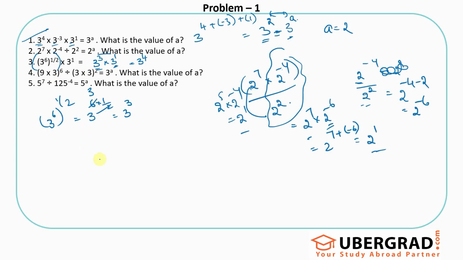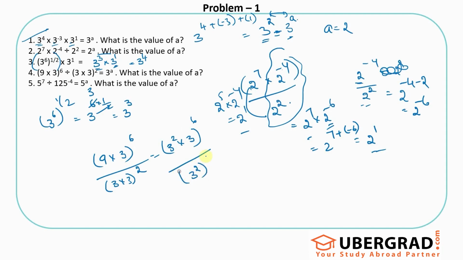9 into 3 power 6 divided by 3 into 3 whole square. So that will be 9 into 3 whole power 6 divided by 3 into 3 whole square. What is 9? 9 is 3 square. So 3 square into 3 whole power 6, divided by 3 into 3 square whole power 2. 3 power 2 into 3 power 3, and 3 power 1, same bases, so it is 3 power 2 plus 1 whole power 6, divided by 3 power 2 whole power 2. 3 power 2 whole power 2 is 3 power 2 into 2, b power n whole power m, you multiply these two.